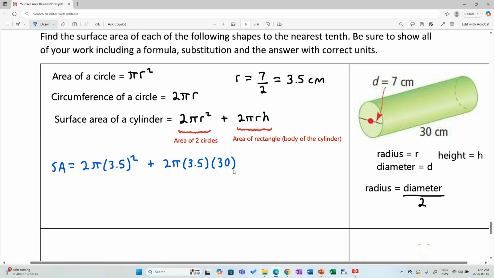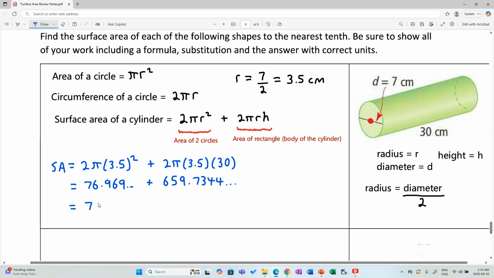And if I do that, I should be able to compute an answer here. So the value I'm going to get here, I'm going to go slowly. I got 76.969 and some more digits plus 659.7344 and some more digits on a calculator.